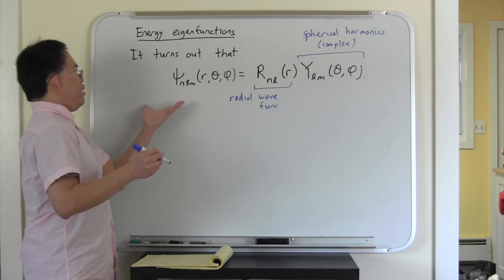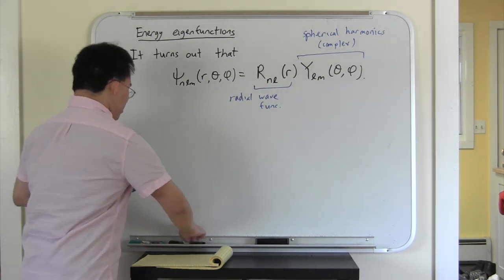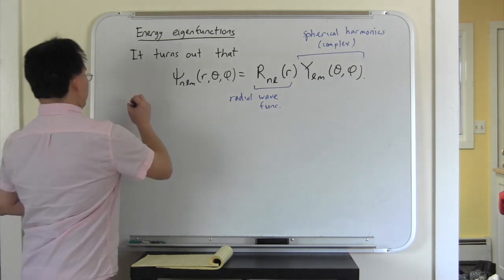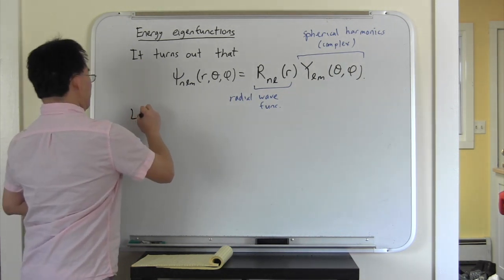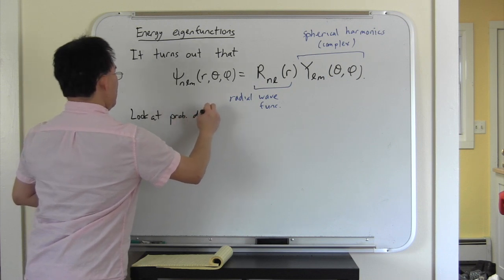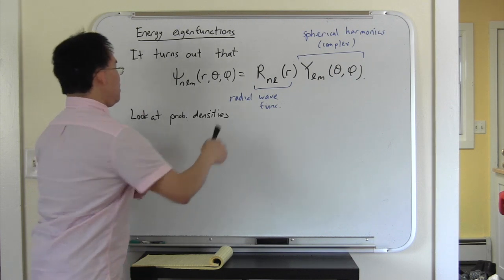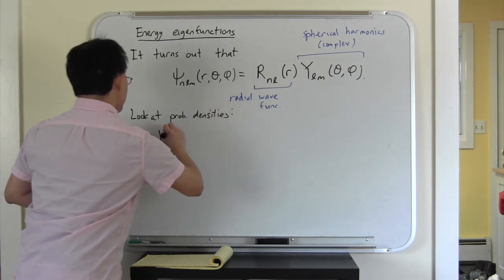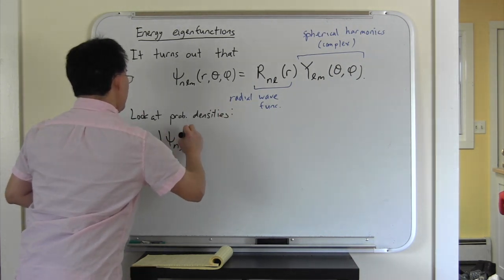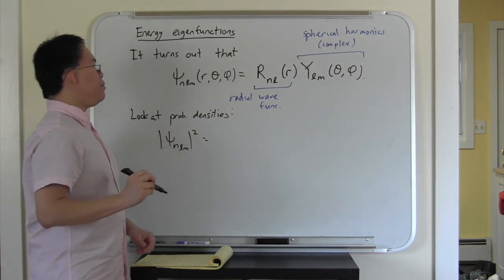Because these wave functions are complex, we do typically look at the probability density. The probability density is going to be, as usual, the modulus squared of psi_nlm.